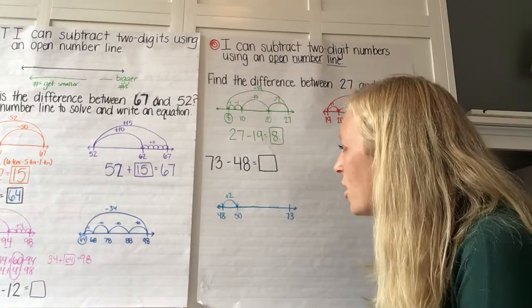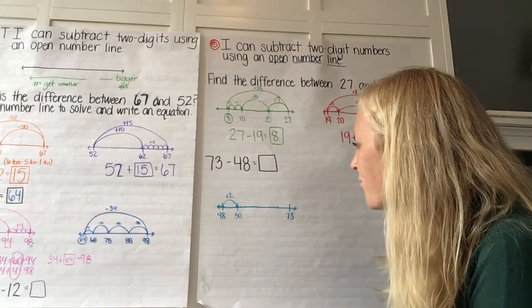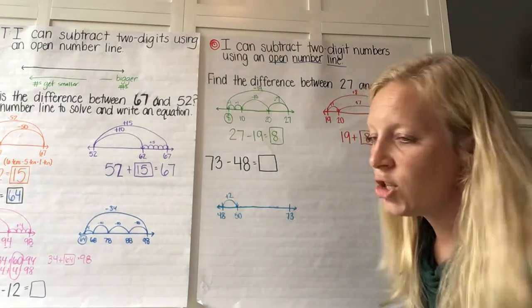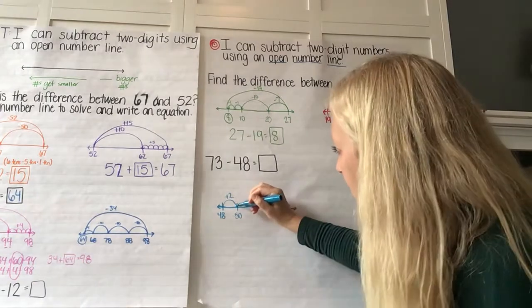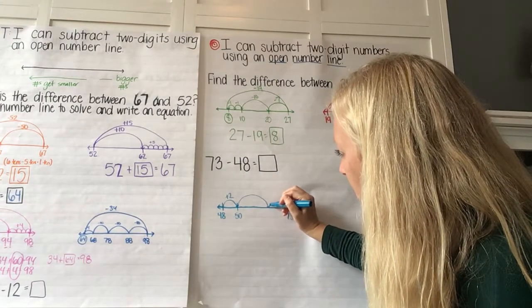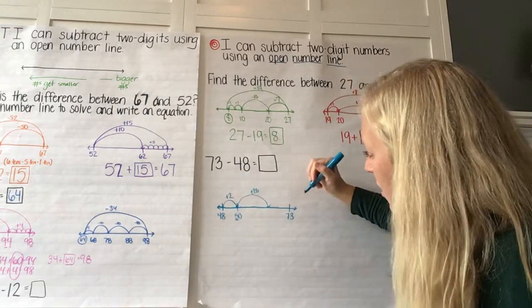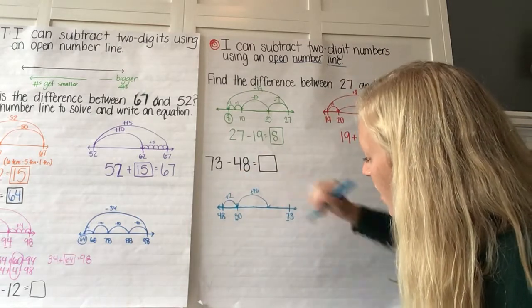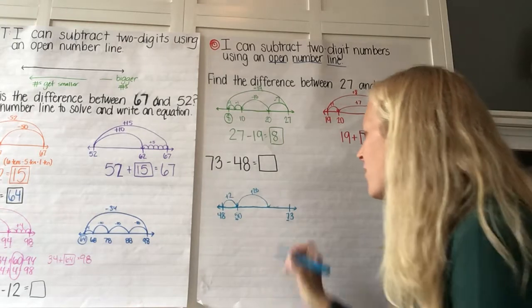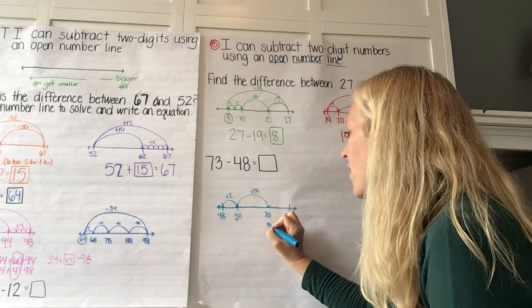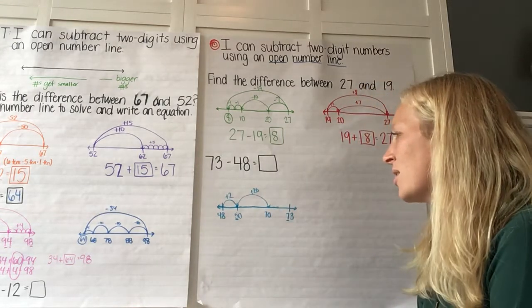Okay? And what did you do next? Why did you want to add 20? Because 50 and 20 equals 70. And then what did you do?